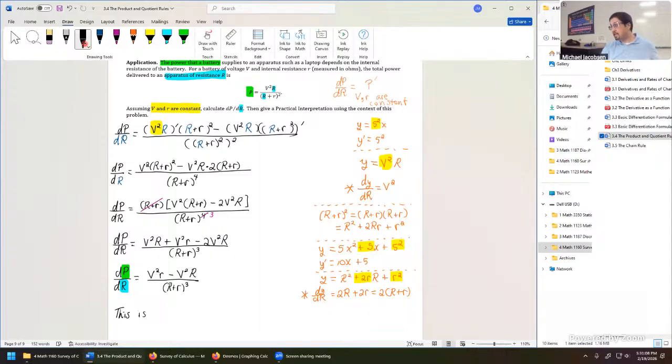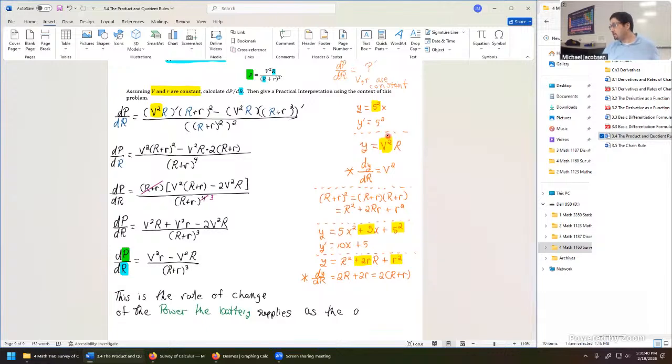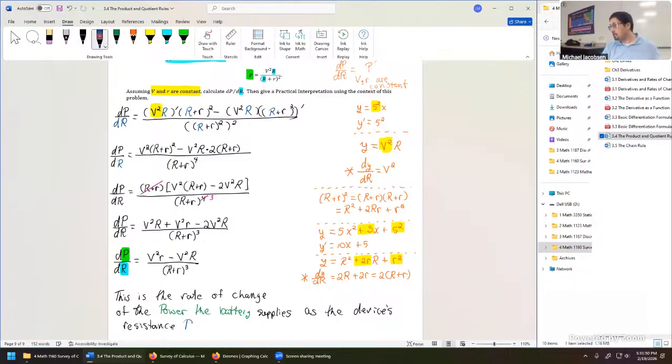This is the rate of change of the power the battery supplies as the device's resistance R varies.